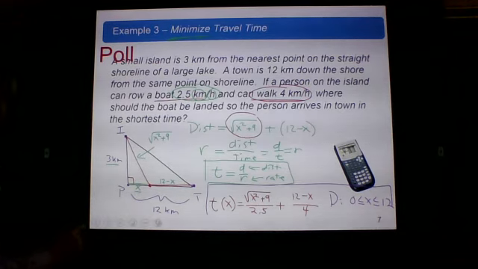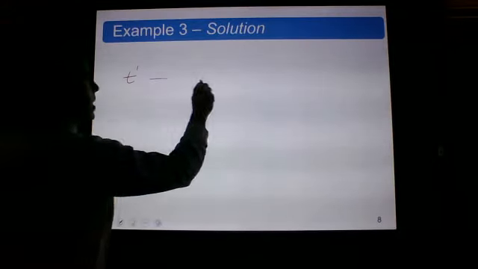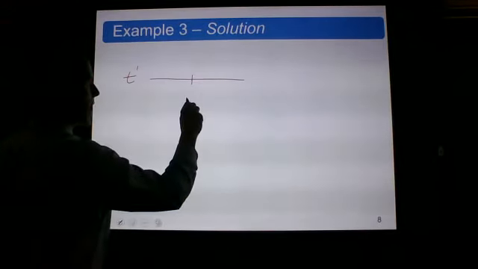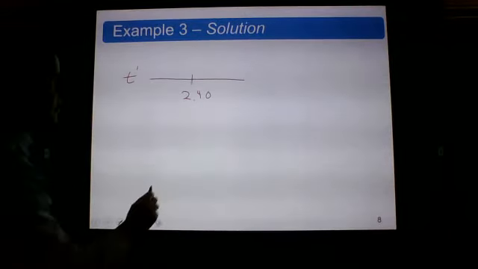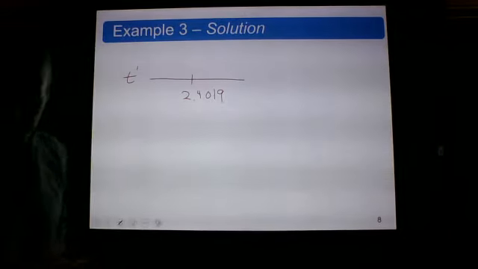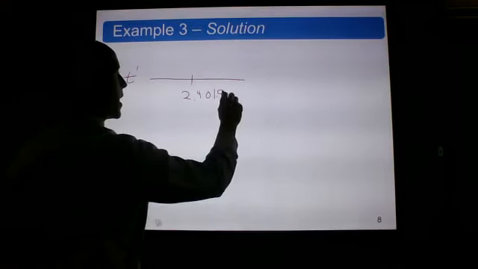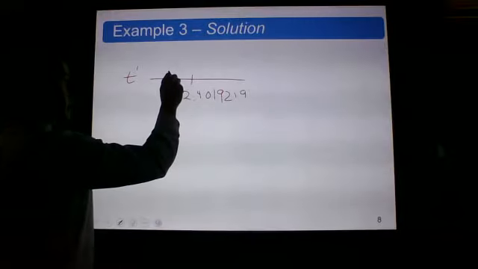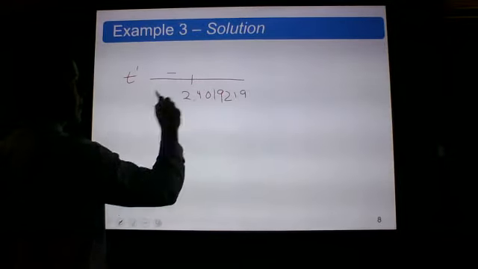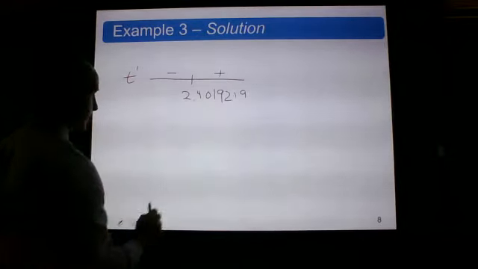So what I have done now on this example is I just used technology to graph T prime. And it turned out that at 2.4019219, to the left of this, it was negative, and to the right of it, it was positive.